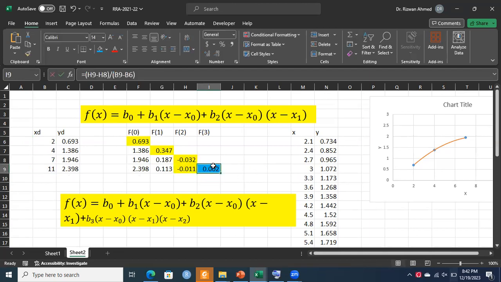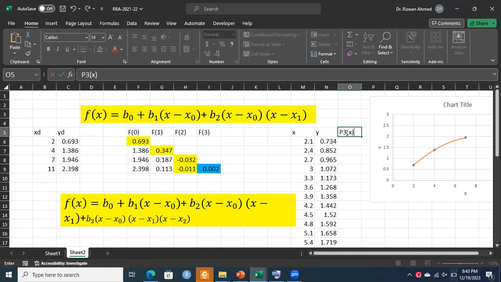So we have got the B3 constant. So we can calculate here a third degree Newton's polynomial and approximations at the interior points from this polynomial.